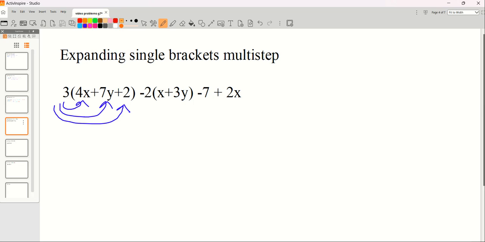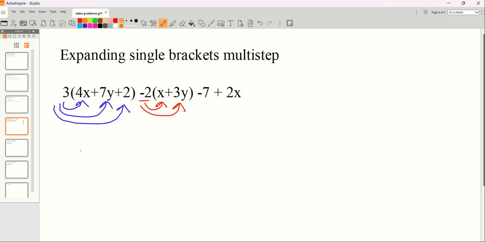And then in regards to the next part, we're going to do minus 2 times x and minus 2 times 3y. This is also expanding, but this time around it's 2 arrows because we only have 2 terms inside the parentheses. And for the last part, it is just minus 7 plus 2x. There are no parentheses, so no expanding will be required. We will just write the terms as is.